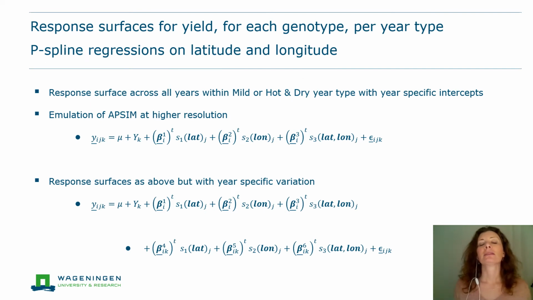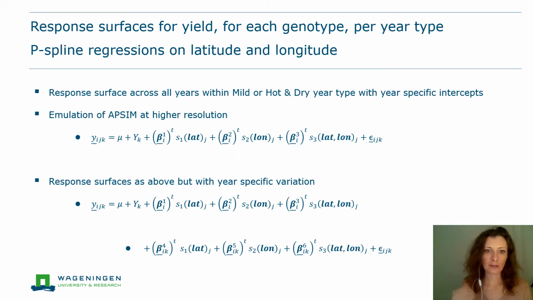So, the yield variation that was generated by the APSIM model was used to evaluate whether two-dimensional spline models could help us predict how each genotype would react in the whole span of latitude and longitude that was considered by the multi-environment trials.